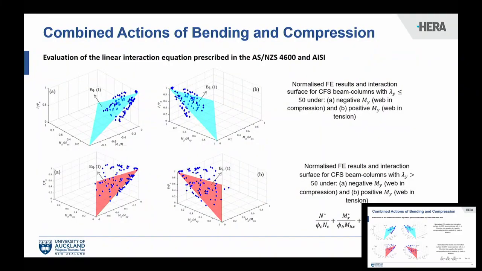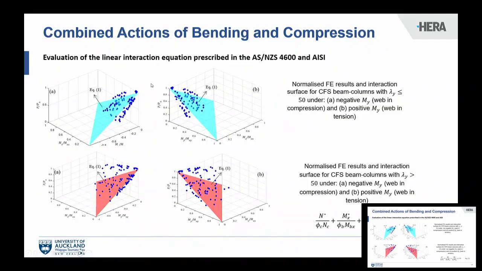And the data points were divided based on the member slenderness ratio, because during the investigation it was observed that the member slenderness ratio around the minor axis is one of the influential factors on the behavior of these elements. And also the direction of the minor axis bending can significantly affect the strength predictions of these elements.